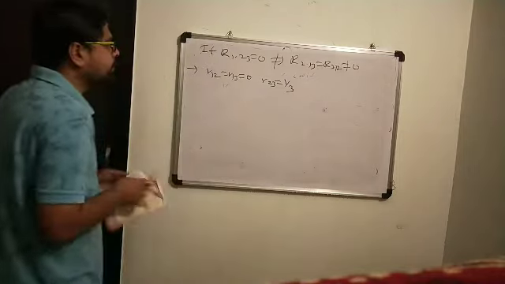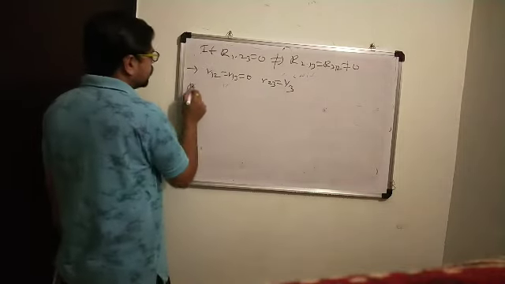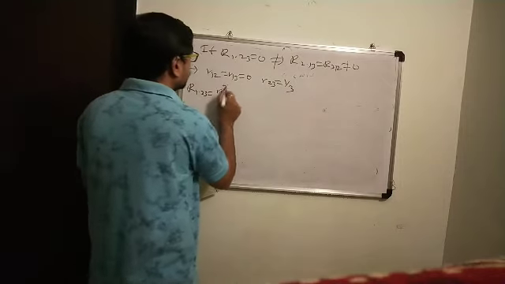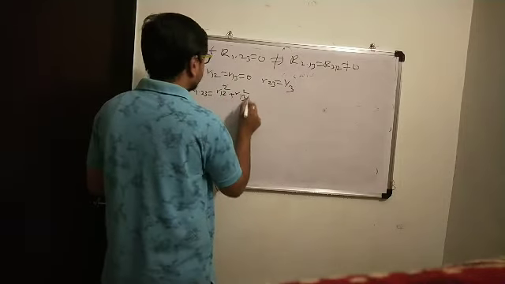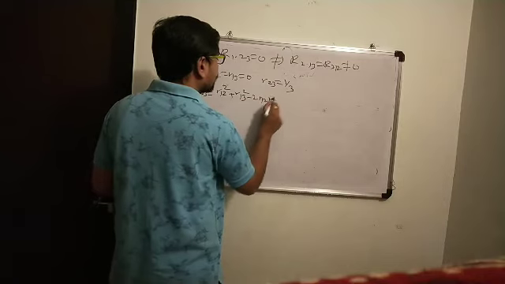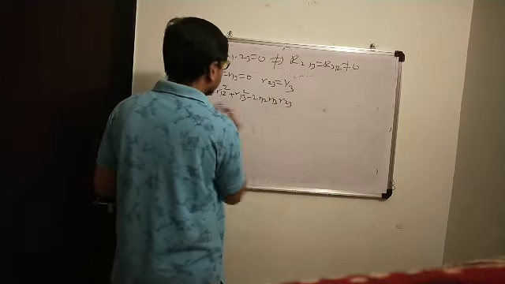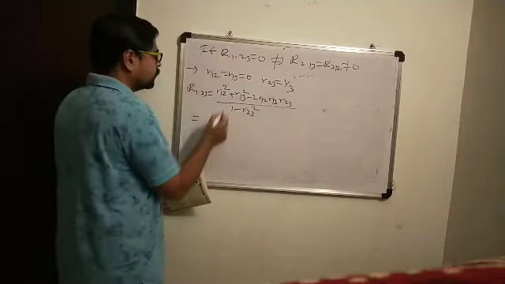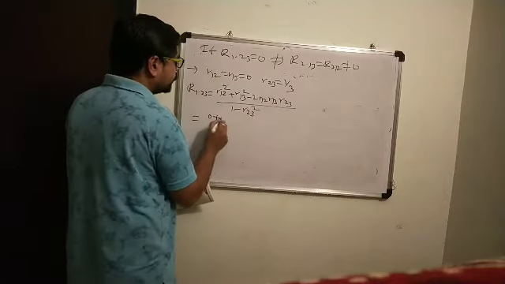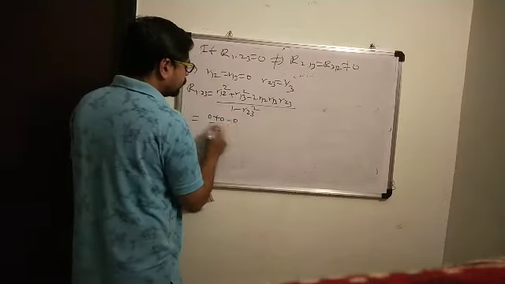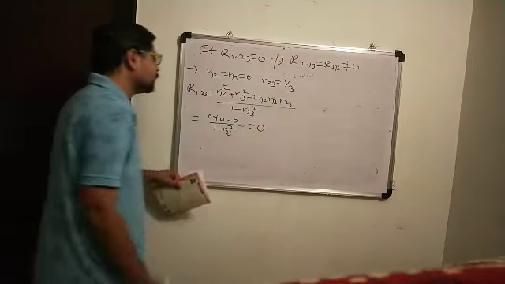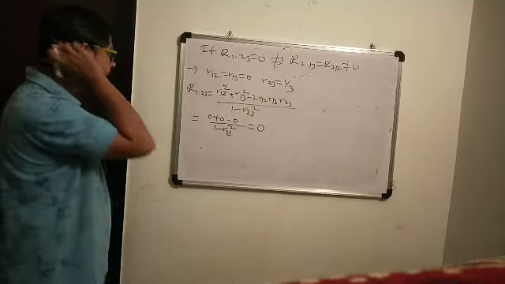So R1.23 is equal to the square root of R12 square plus R13 square minus 2 times R12, R13, R23 divided by 1 minus R23 square. So this is 0 plus 0 minus 0 divided by this quantity, and this whole term comes to be 0. So R1.23 is equal to 0.